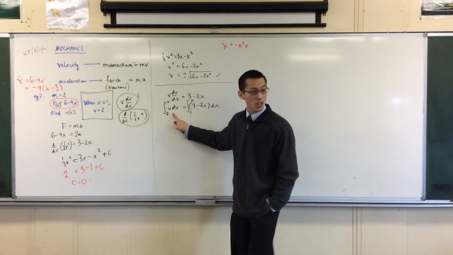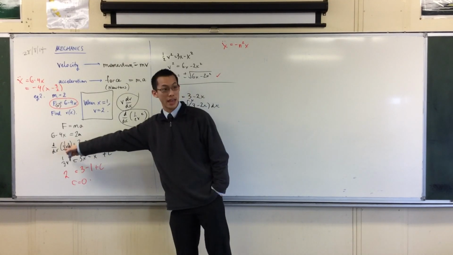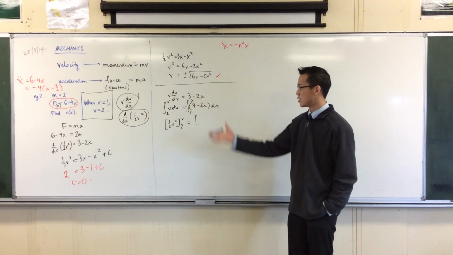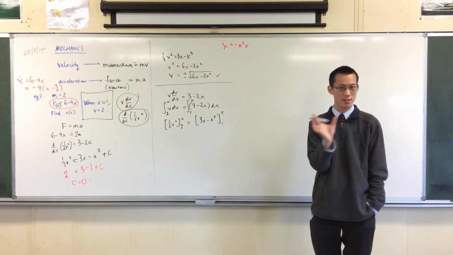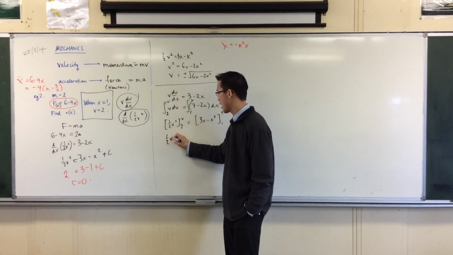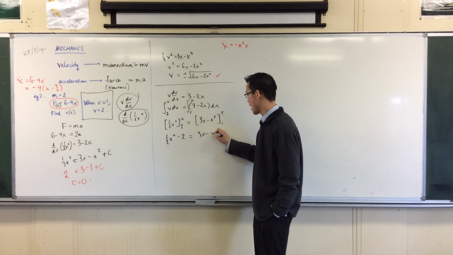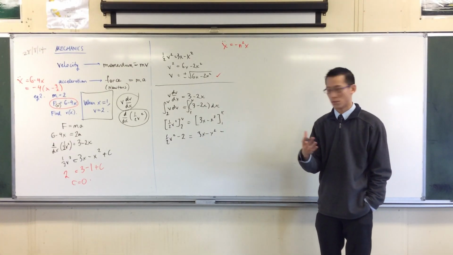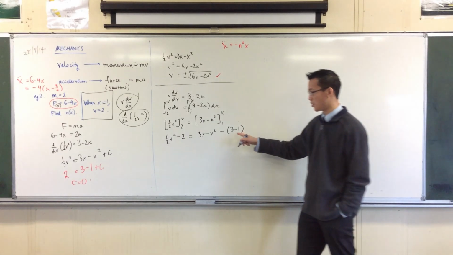Let's do it. Integrate, what do I get? Half v squared, no surprises there, between 2 and v. What do I get over here? This is what I had before, from 1 to x, no constants of integration inside. What happens? Half v squared minus 3x minus x squared minus 3 minus 1, which is minus 2.